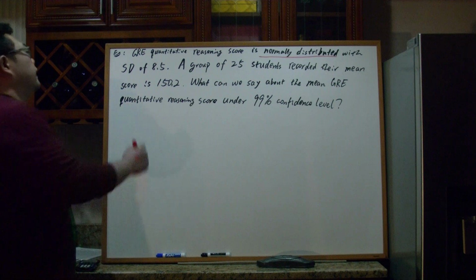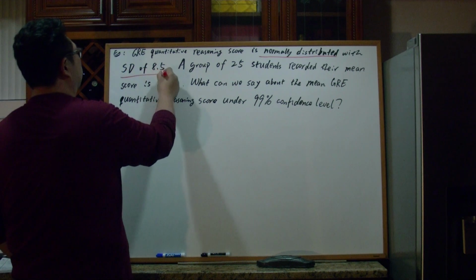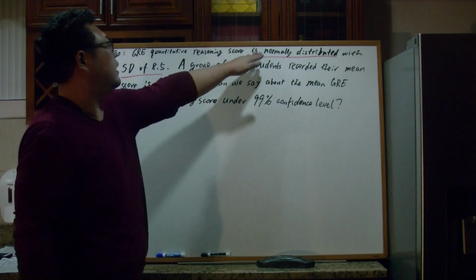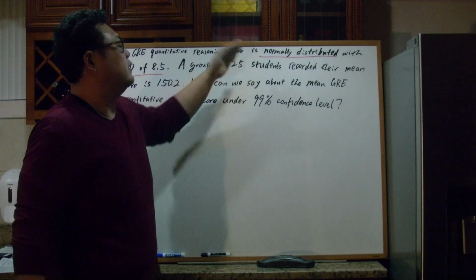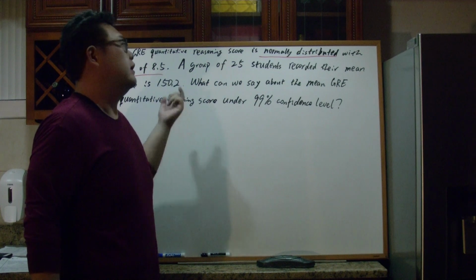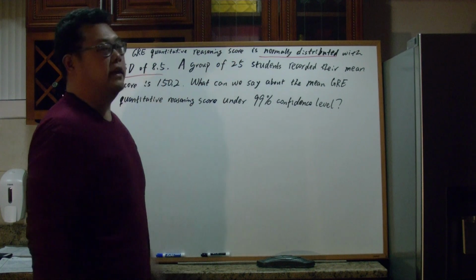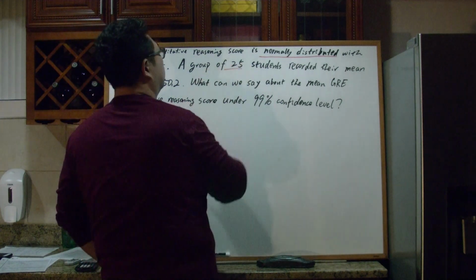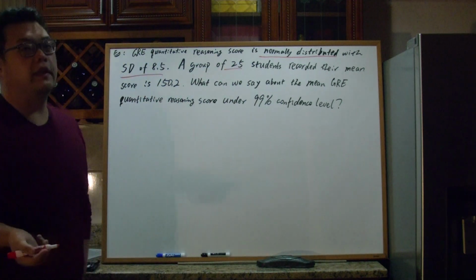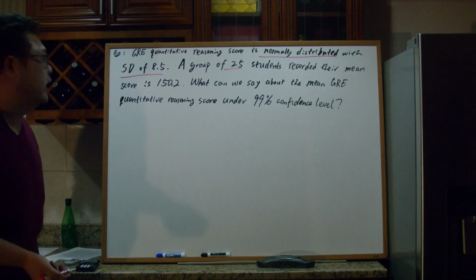We have a standard deviation of 8.5, which is from the population. We know the GRE score is normally distributed. This population has a standard deviation of 8.5. A group of 25 students, in this case is less than 30, but it's okay.